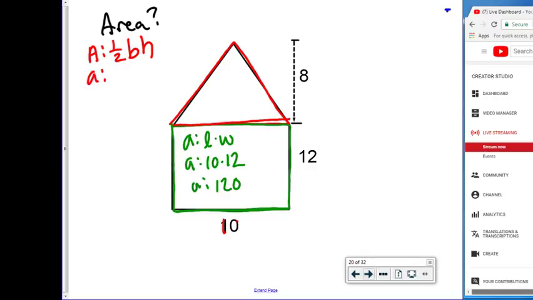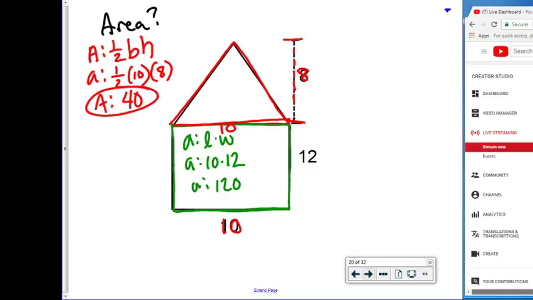If this is 10, the base of your triangle is 10. So the area is 1/2 10 times, and this little guy right here just shows you the height. And you put that in, and your area is 1/2 10 times 8, or 0.5 times 10 times 8. 40.